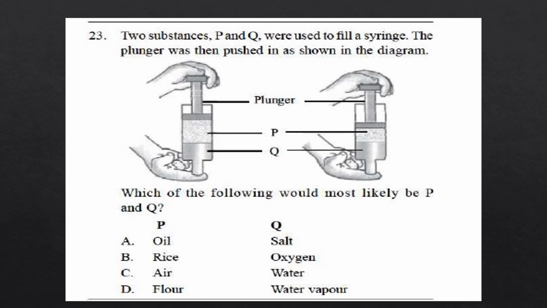C. Air and water. D. Flour and water vapor. And our answer is option C. Air, because P is compressed and Q is not compressed. We know that air is compressible, but liquid cannot be.